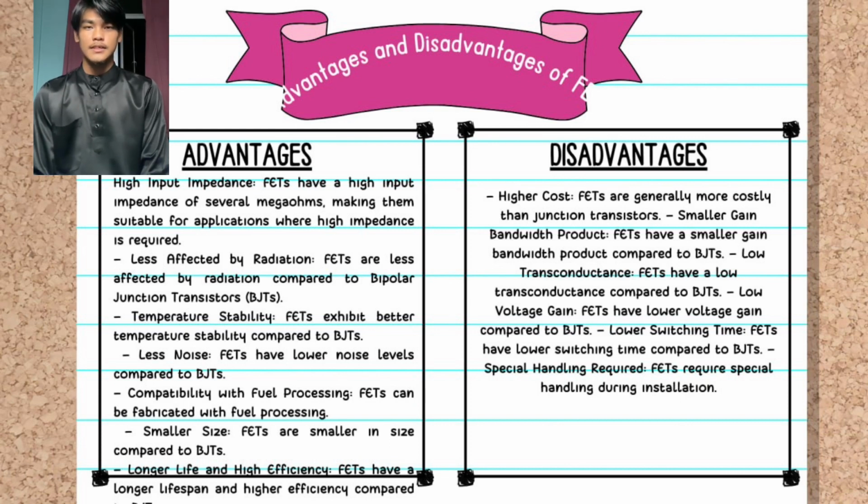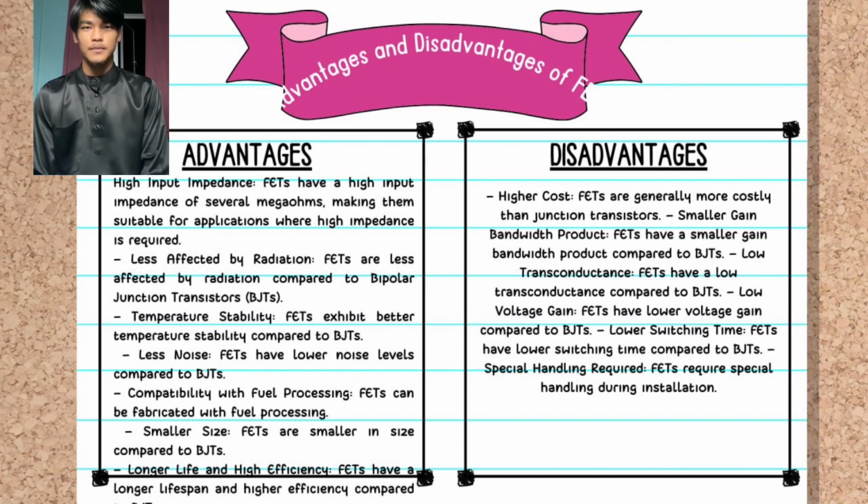The third advantage is temperature stability. FETs exhibit better temperature stability compared to bipolar junction transistors. And then less noise. FETs have a lower noise level compared to bipolar junction transistors. Besides that, compatibility with full processing.